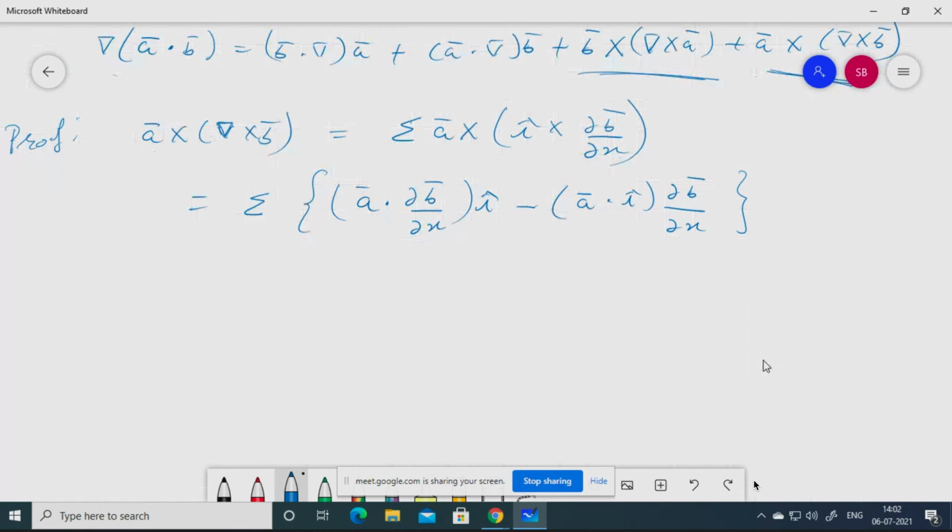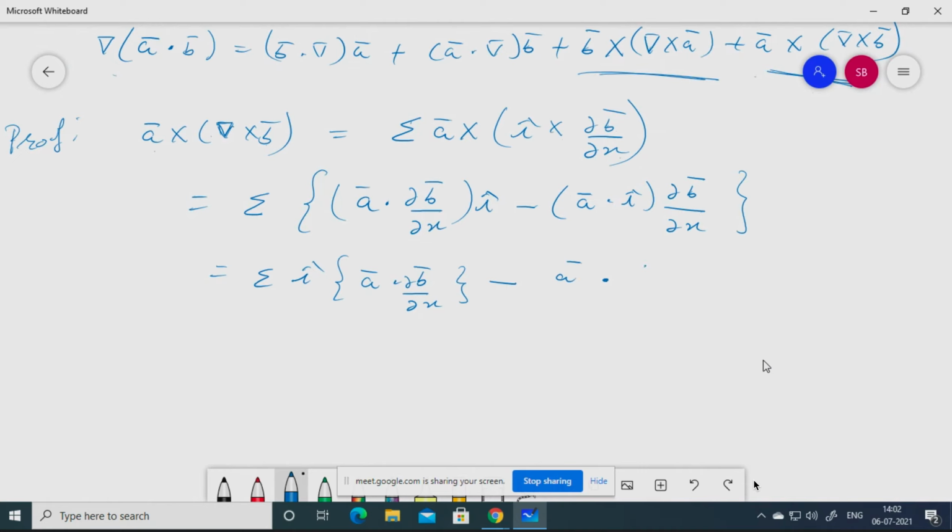Okay, that means this is summation I, A bar dot I dou B bar by dou X. This is one part. Minus A bar dot product we are taking.